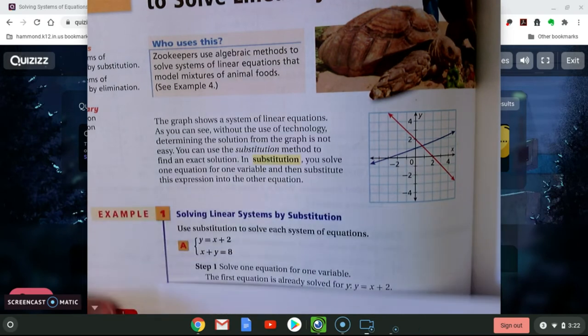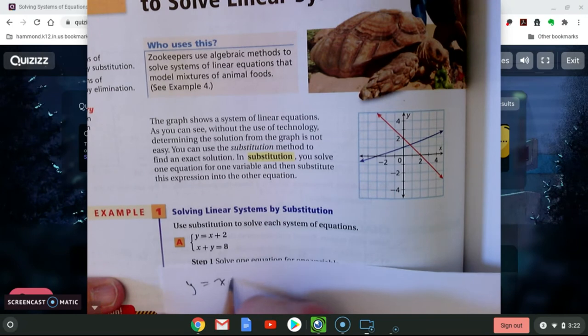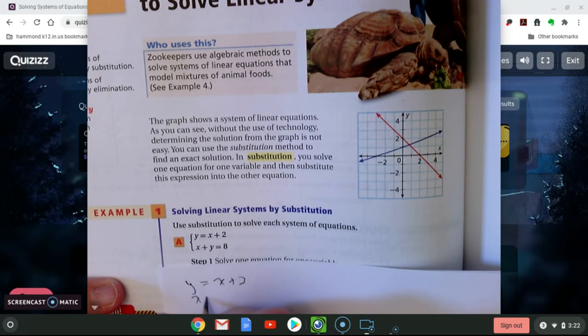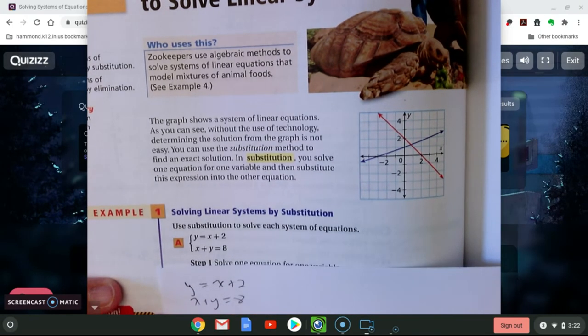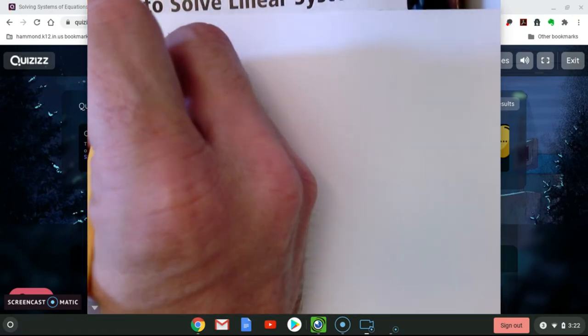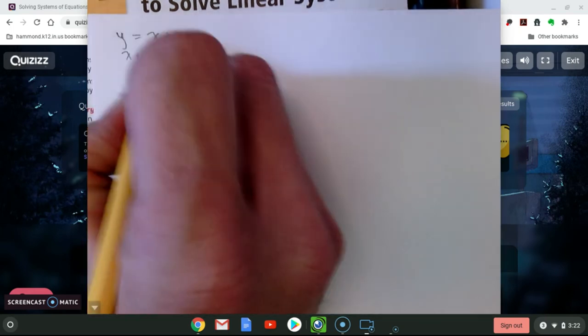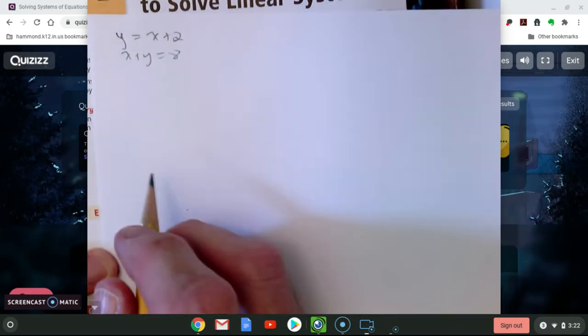So let's look at an example. So here we can see that we have one equation that's solved for a variable, y equals x plus 2. So this one is an ideal candidate for substitution.